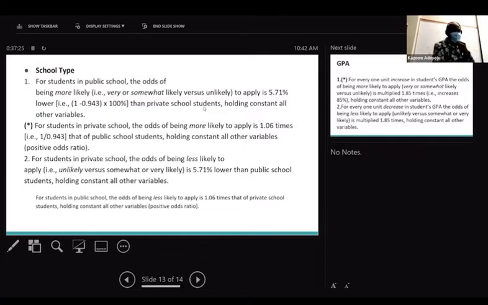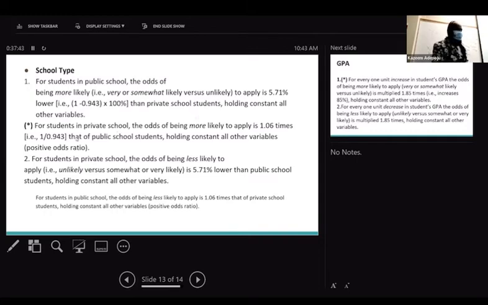So for students in public school, the odds of being more likely to apply is 5.71% lower than for private school students, holding other variables constant.